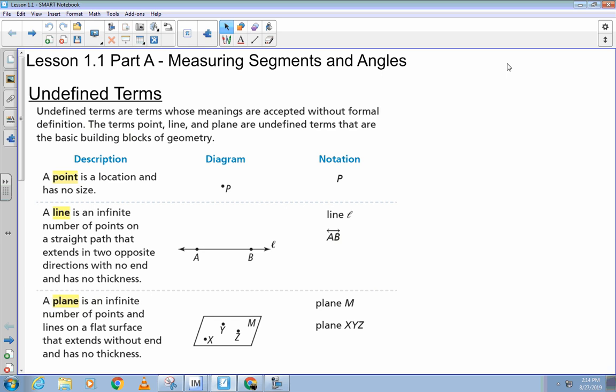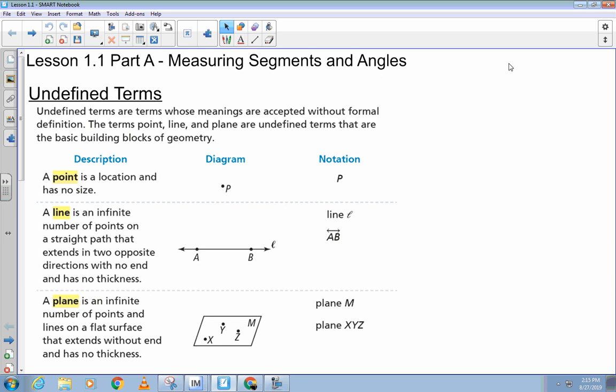So it's a whole bunch of points squished together, extending indefinitely in opposite directions. Okay, so there's infinite points on here. I've only shown 2 of them, but then you can put as many points on there as you wanted to. And see how it has arrows? That means it's going infinitely in both directions. Okay, this line has no thickness.